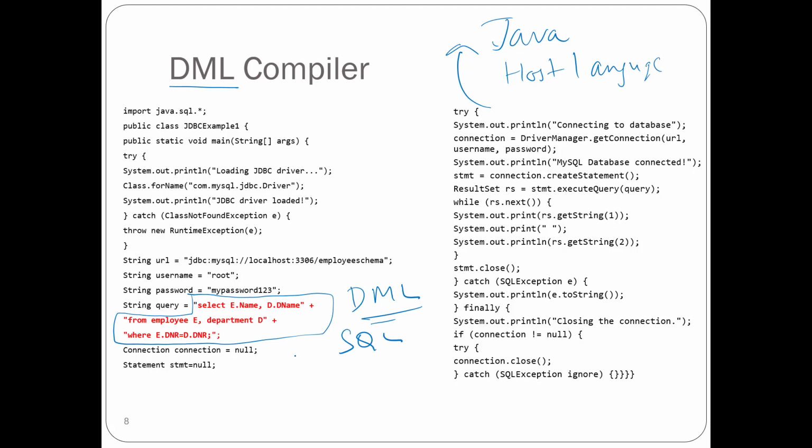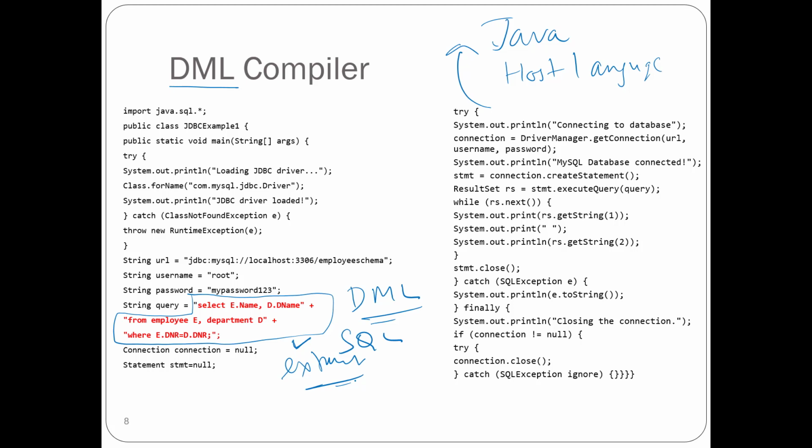Now, the role of the DML compiler would be to extract this statement from the host programming language and look at its correctness. DML compiler will again convert that into the intermediate representation, will check for the errors, will check for the syntactic error, will check for the semantic error, so on and so forth.